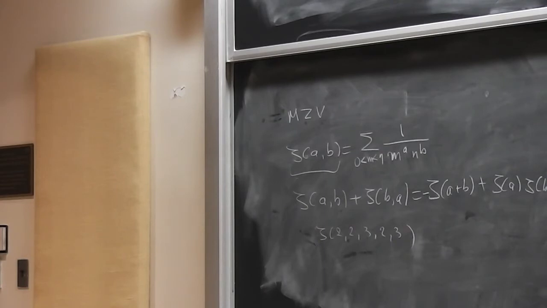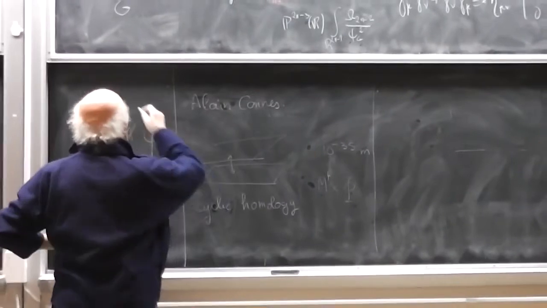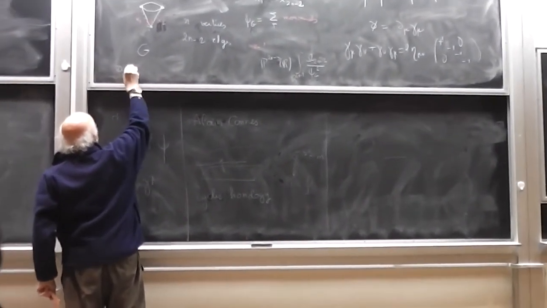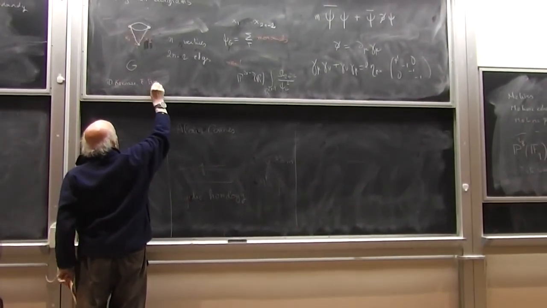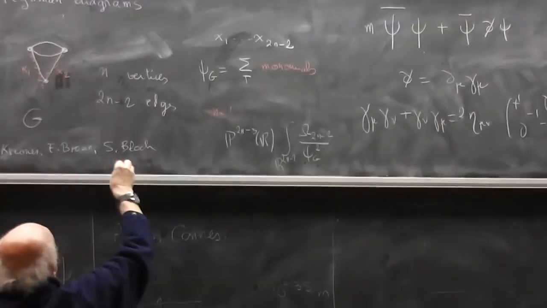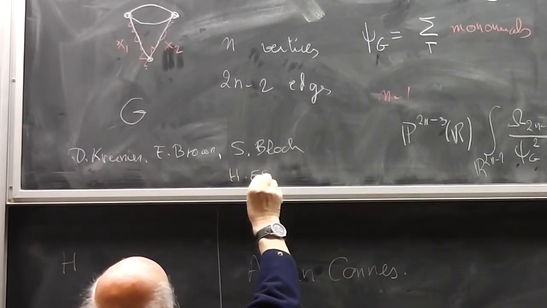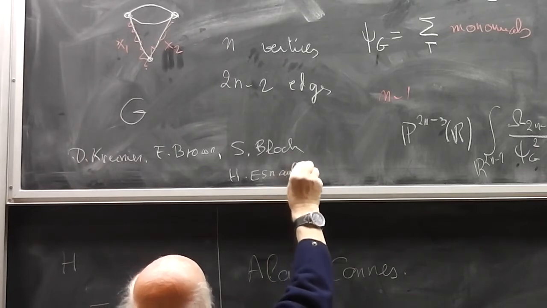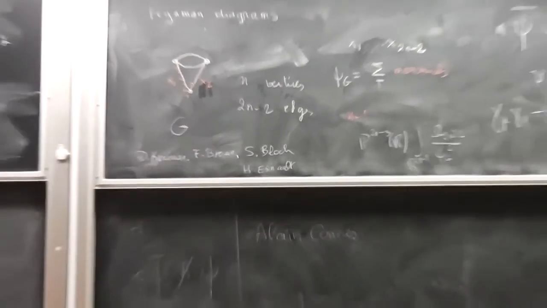The challenge is that this has been extended to this situation, which is not really multi-zeta values. The people who did that were Dirk Kreimer, Francis Brown, Spencer Bloch, and also Hélène Esnault. It was a big collaboration between very good experts; Kreimer is a physicist, but the others are very good experts in algebraic geometry.